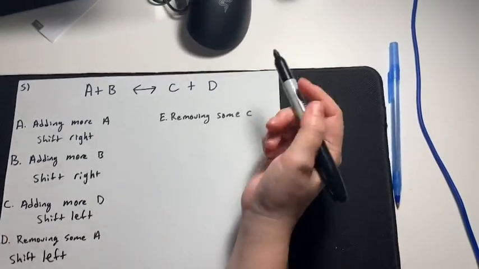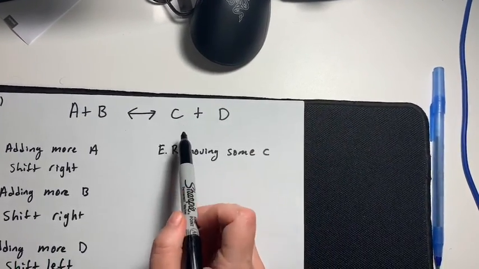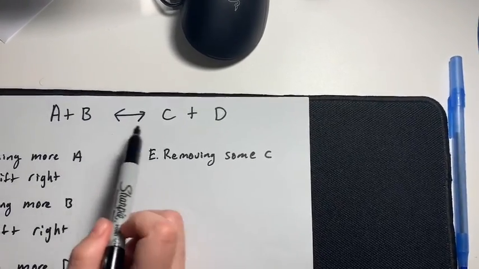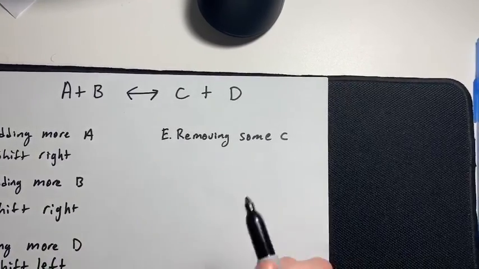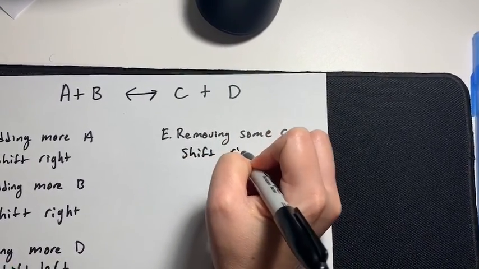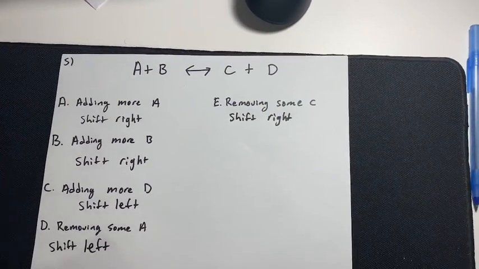And lastly here is if we remove some on the product side, in this case C, it's going to want to create more of C in order to maintain an equilibrium here. So in this case, we're going to say shift right. Okay, and that does it for that principle.